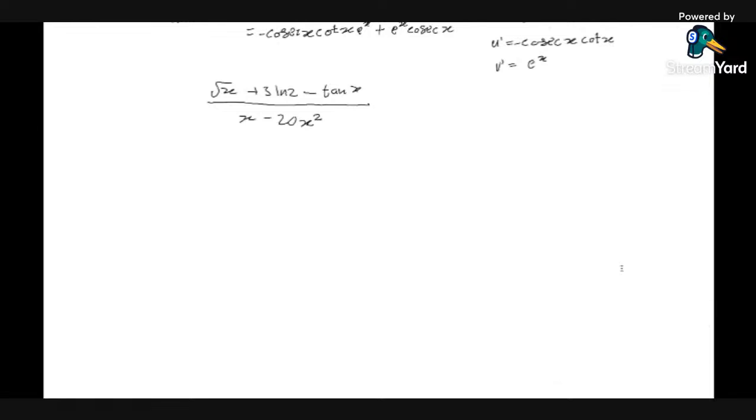Okay, so now what I'll suggest is to just work it out the way it is. I'm just going to show you the equation now.